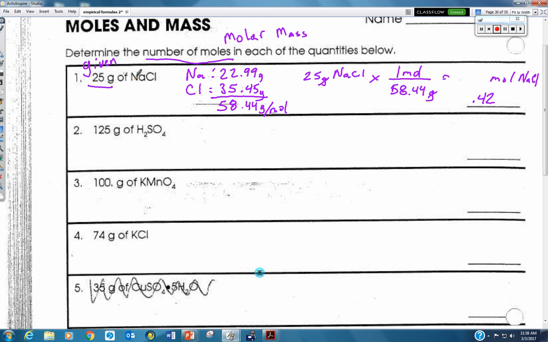We have to look back at how many sig figs we were given. We were given 2 sig figs, so we can say that this is 0.43 mole of sodium chloride.